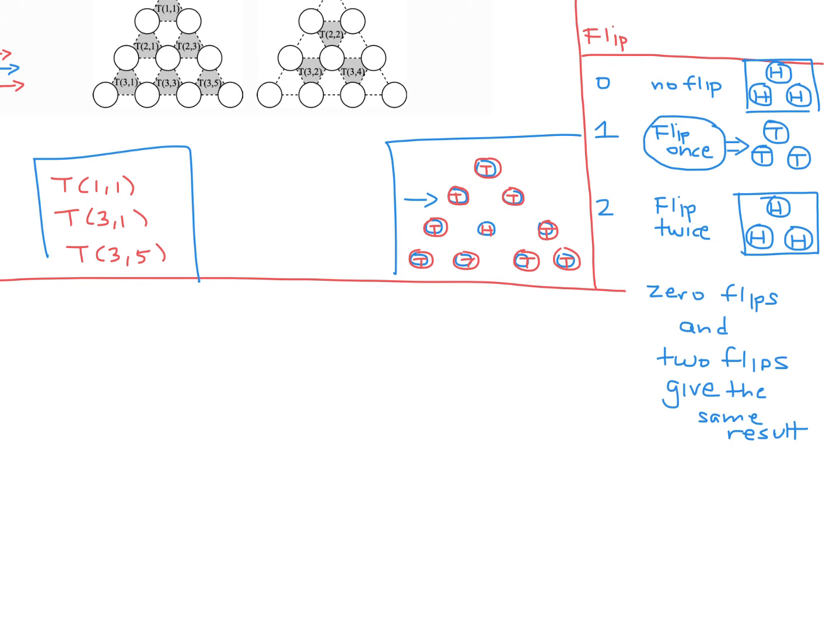But if we flip it again, we get the same result. So if we flip something once, that is the only way we can change it, because if we flip it a second time, it goes right back to the original. So you will get the same result if you flip something twice. It's pointless, because it's not going to help anything. As long as you flip something once, that is the extent of the change you will get.